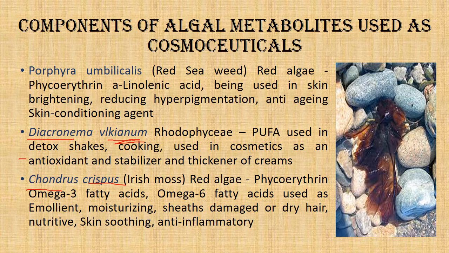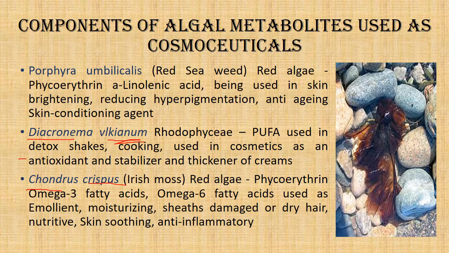It is actually converted into a thin mat, and that mat is wrapped along with noodles or fish. It is used in sushi and other types of Southeast Asian cuisines. So this Porphyra umbilicalis is very common in Southeast Asian cuisine, and the people of Southeast Asia use it in their regular meal.